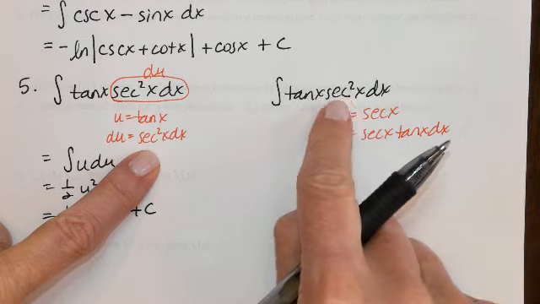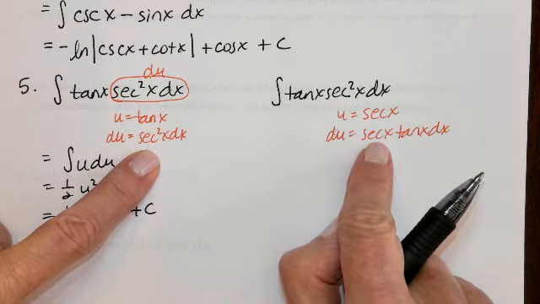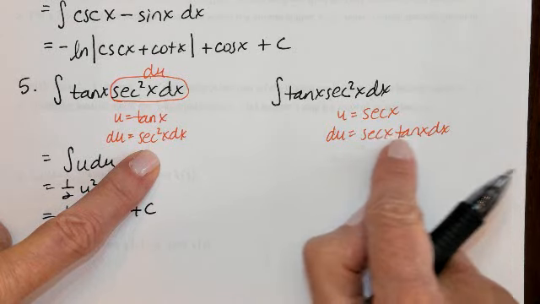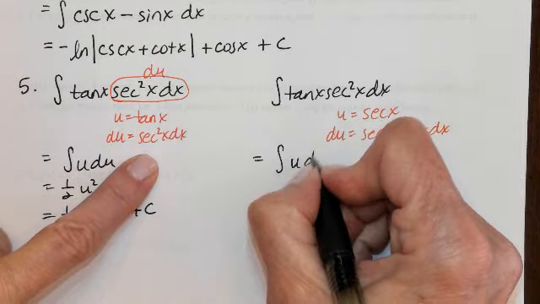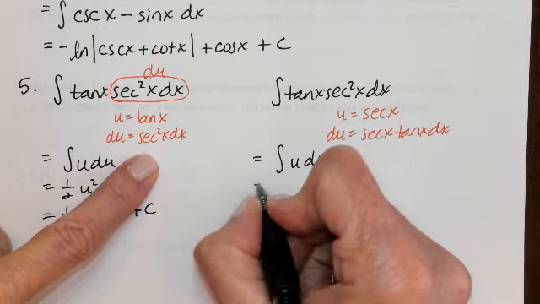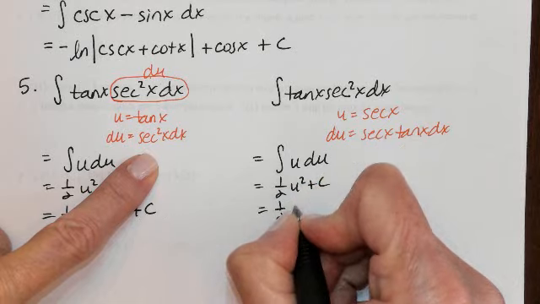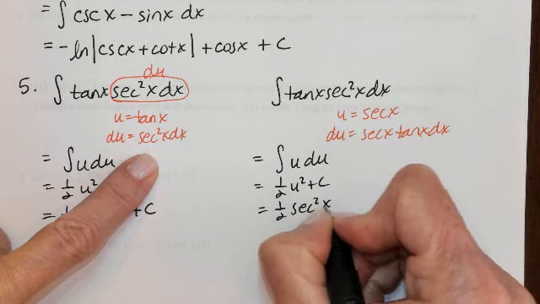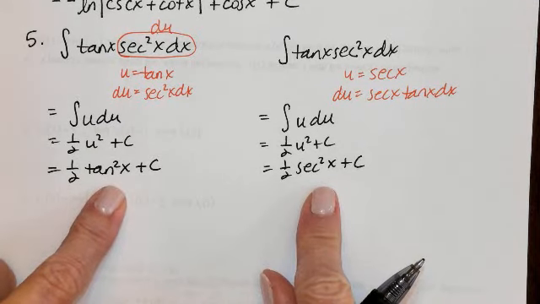I'm going to use one of the secants for my u and the other secant for the secant in the secant tangent, right? So this would also be the integral of u du, which is 1/2 u squared plus c, which is 1/2 secant squared x plus c. Both of these answers are correct.